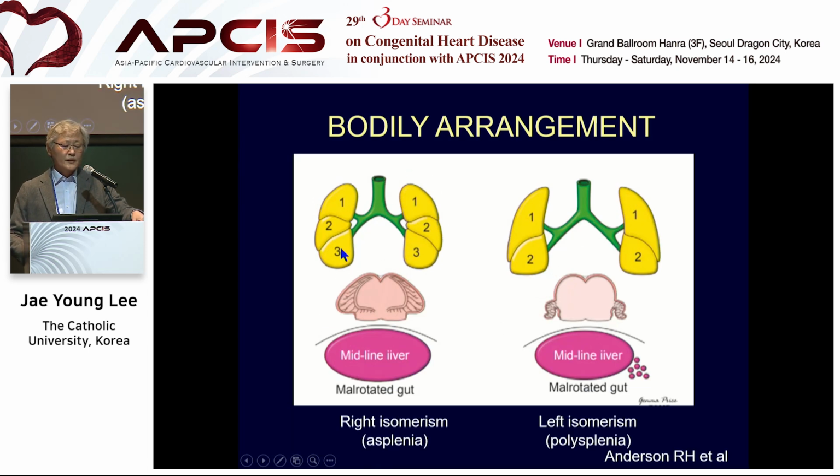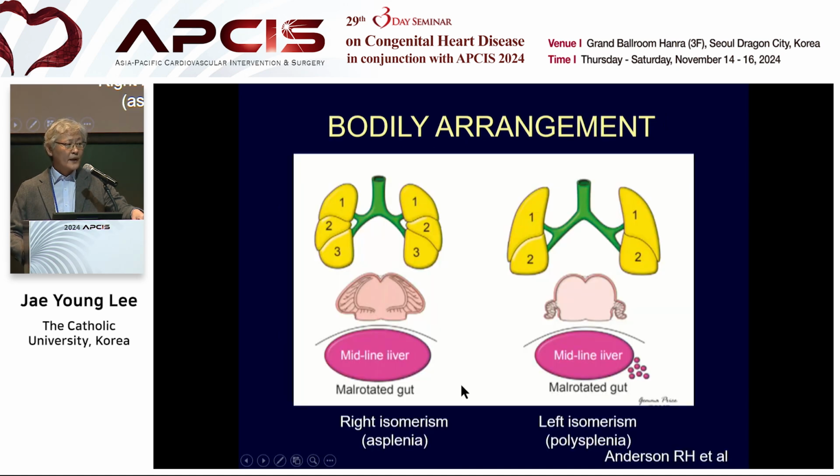As I said, in another case, there are three-lobed lungs bilaterally with bilateral right atrial appendages, sometimes associated with asplenia. This is the right isomerism bodily arrangement. And this is bilateral long bronchi and two-lobed lungs, with bilateral left atrial appendages, and sometimes associated with polysplenia. This is the left isomerism bodily arrangement.